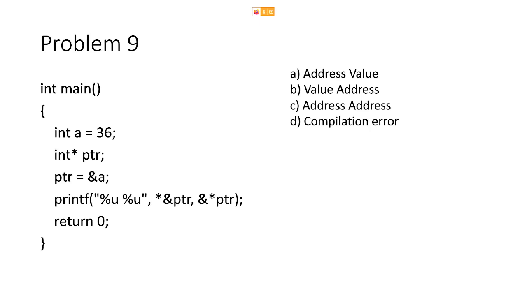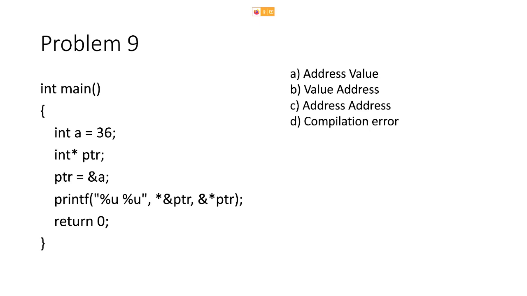Because ampersand gives an address, but star is always used for dereferencing, as you said, so it must be a value, not the address, right? Yeah, with respect to ptr, it is the value of that pointer, but with respect to A, it is the address of that variable.